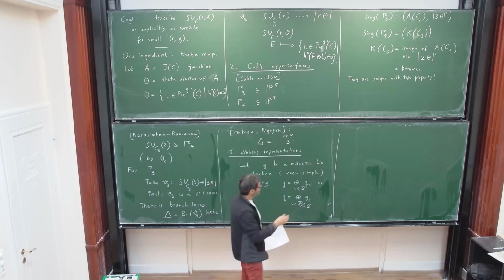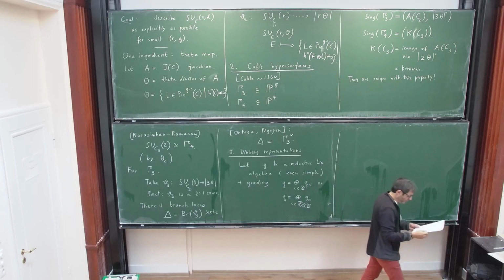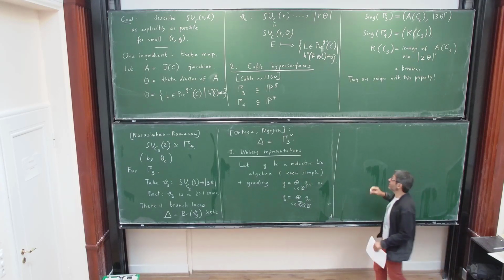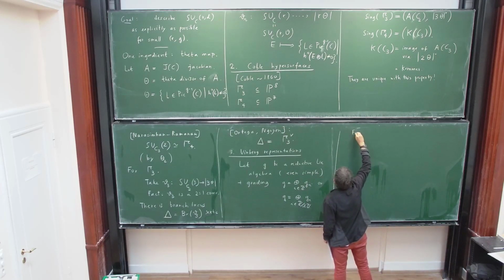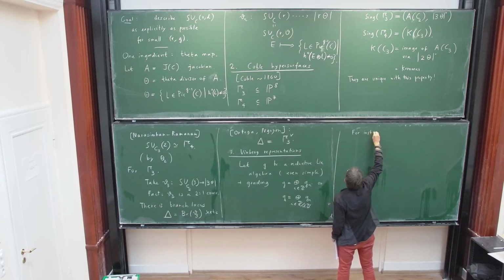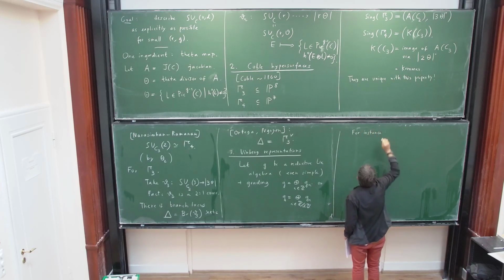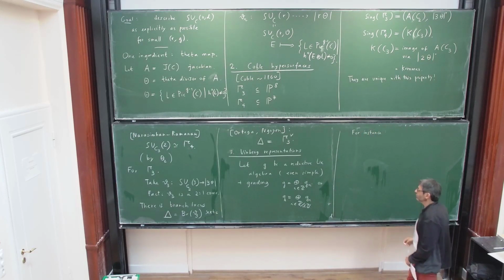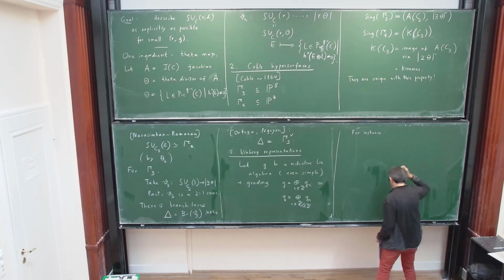And you know, this grading, the Lie bracket should respect this grading. And for instance, you could take some height grading.